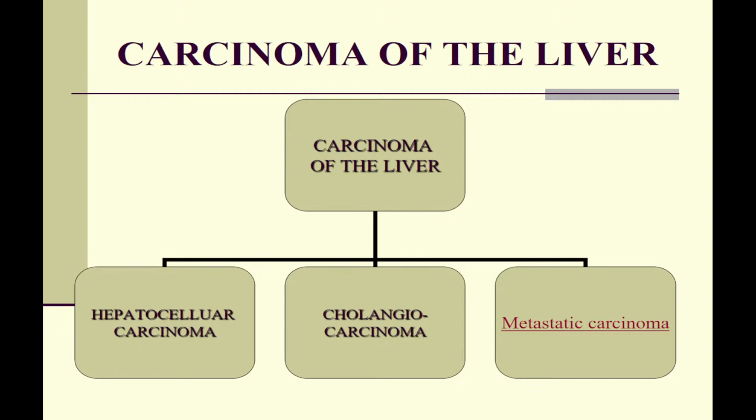Primary liver cancer is divided into two groups. The first is cholangiocellular carcinoma, and the second is hepatocellular carcinoma.